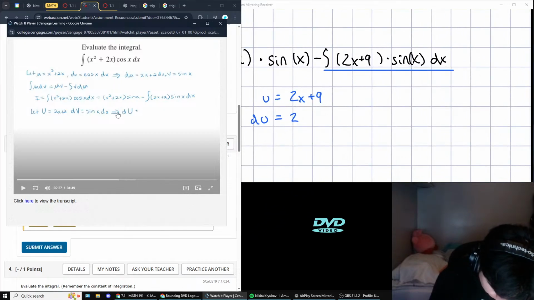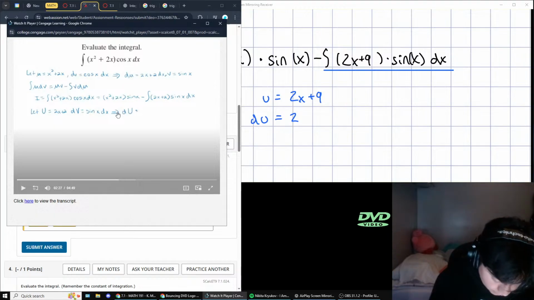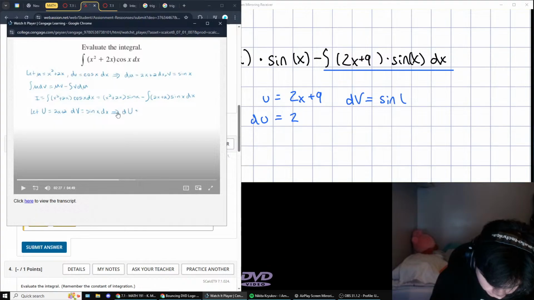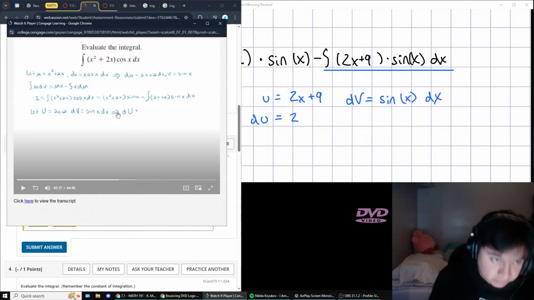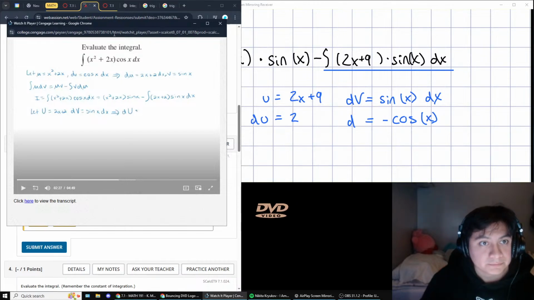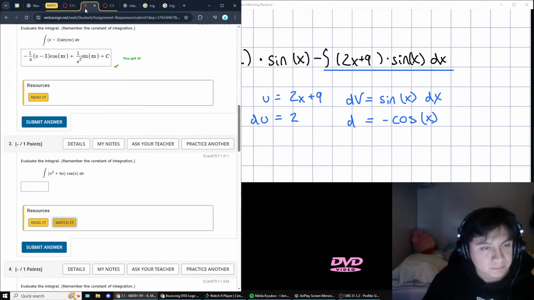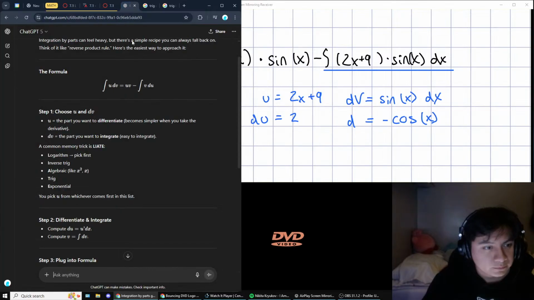And then we let dv equal sine x dx. Integrate that, v is equal to negative cosine x. Damn, I knew that.